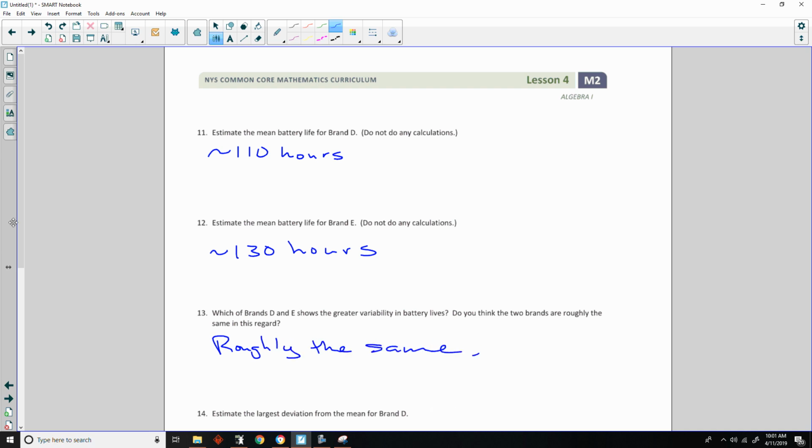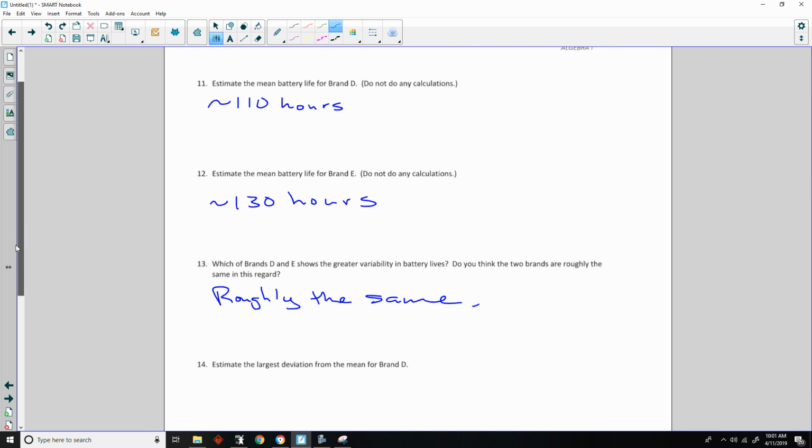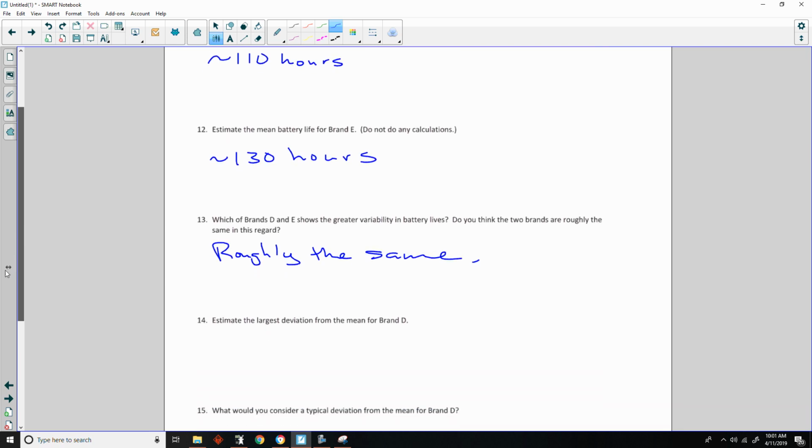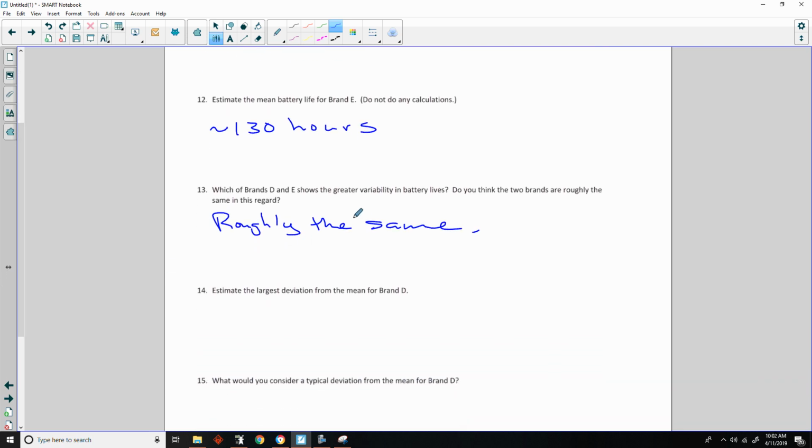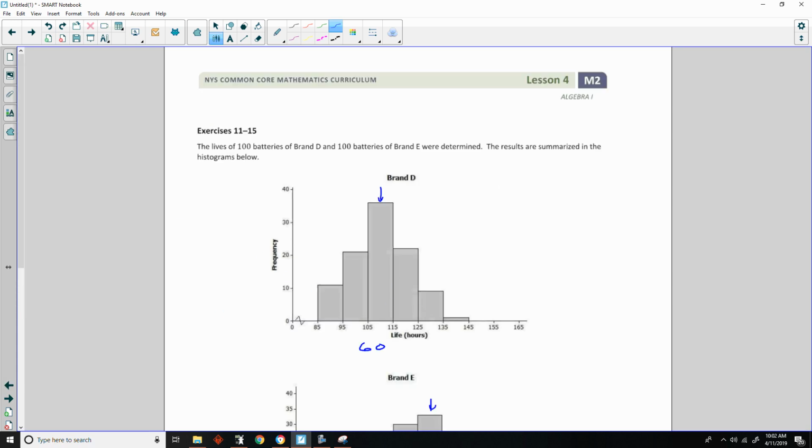Okay. 14. Estimate the largest deviation from the mean for brand D. So we look at brand D. I wrote the mean equals approximately 110.